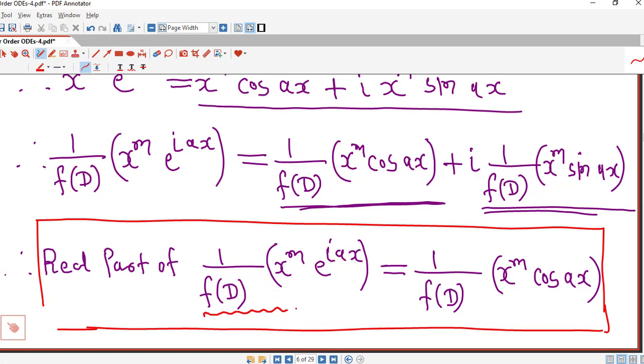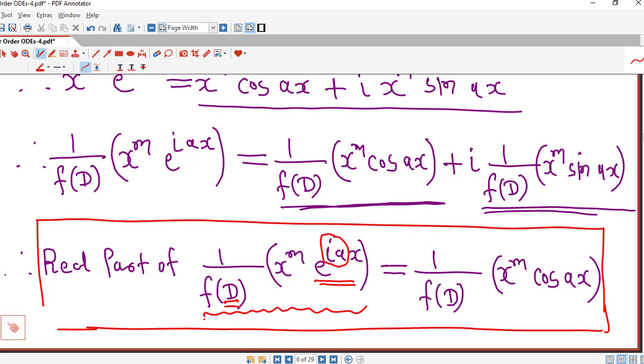Now to find this, we will apply the case of the previous lecture: when we have an exponential function in the product, we replace D by D plus i into a, that is D by D plus the coefficient of x.